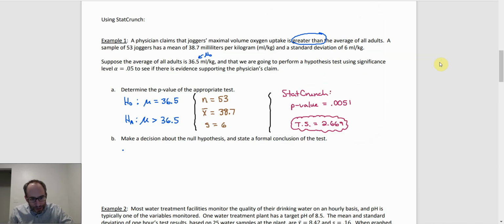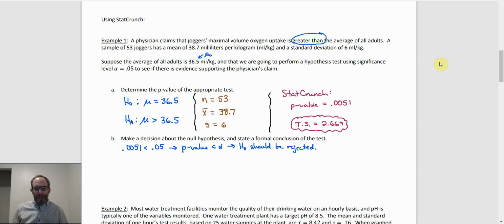Since 0.0051 is less than 0.05, that would mean that the p-value is less than alpha, which would mean that the null should be rejected, right? Because when you have a p-value less than alpha, that's when you've got a statistically significant result, so you should be rejecting the null.